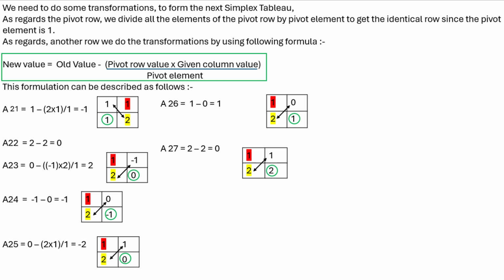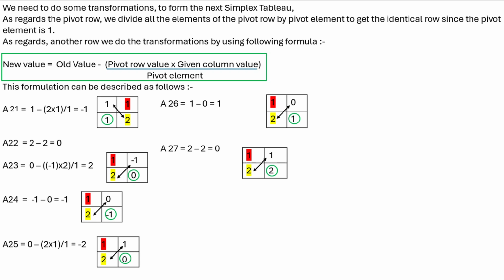A25 would be 0 minus 2 into 1 upon 1, that is 0 minus 2, which is minus 2. A26 would be 1 minus 0, which is 1. A27, that is the RHS value, would be 2 minus 2 upon 1, that is 2 minus 2, which is 0.